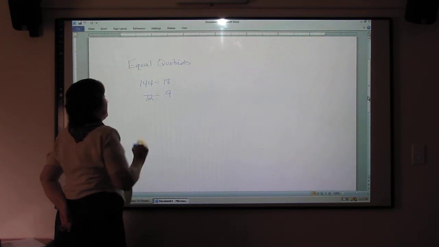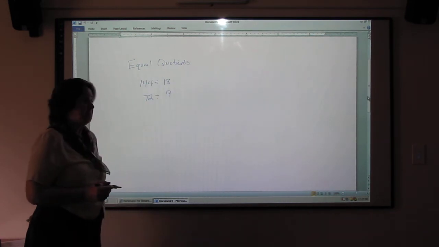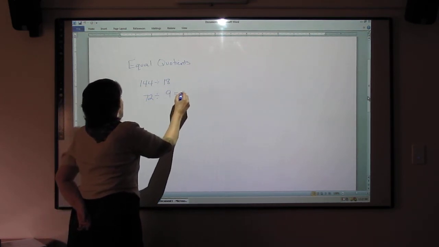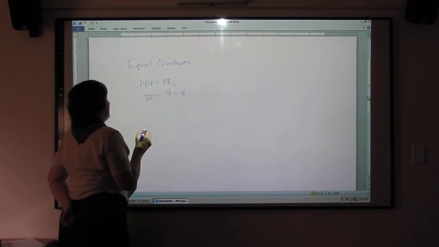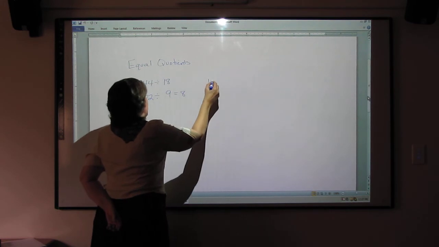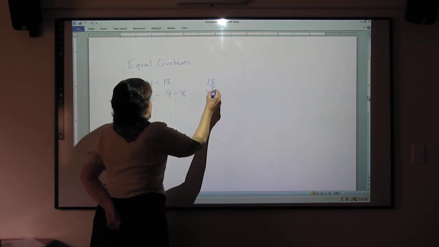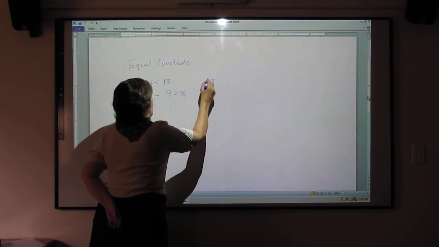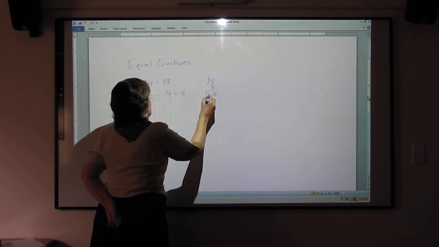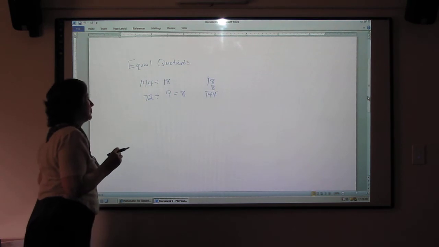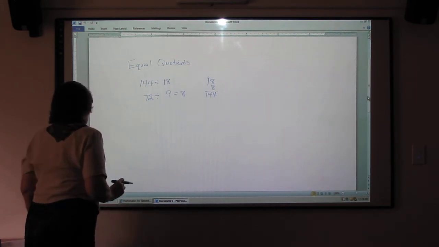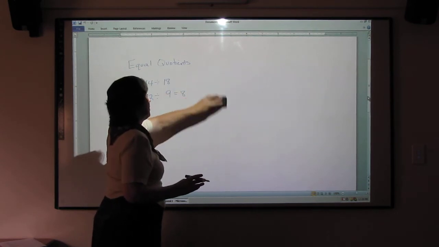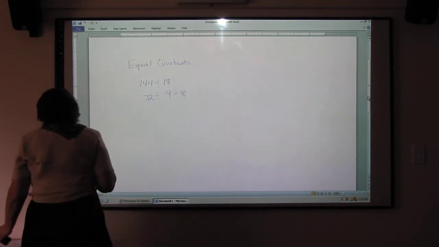Right? Now I have 72 divided by 9. Can I work that in my head? Yes. And my answer is 8. Okay? For those of you skeptics, 18 times 8, 64. 8 plus 6 is 14. So it does produce the same answer whether you do it with the regular number or a smaller, simpler number.